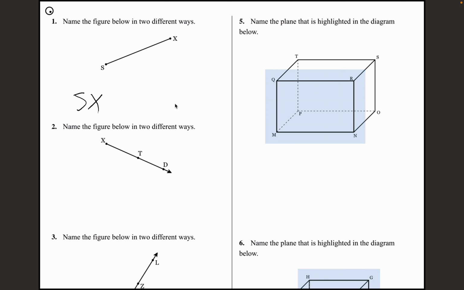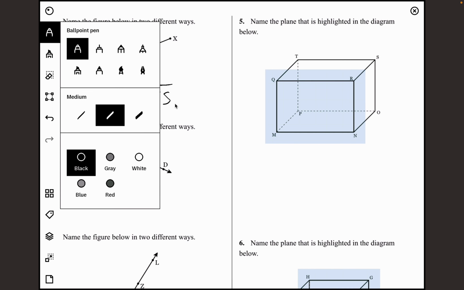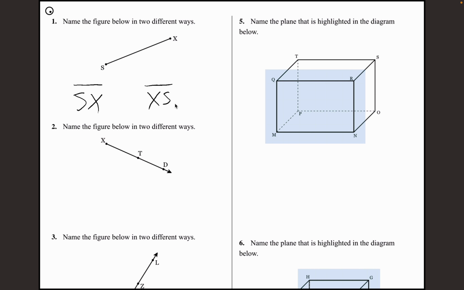You just got to put a line over it. What's the other way that we can name this? XS, and what do we put above? Just a line. Is there any arrows? No. I'm going to change the color so it doesn't look like the images.